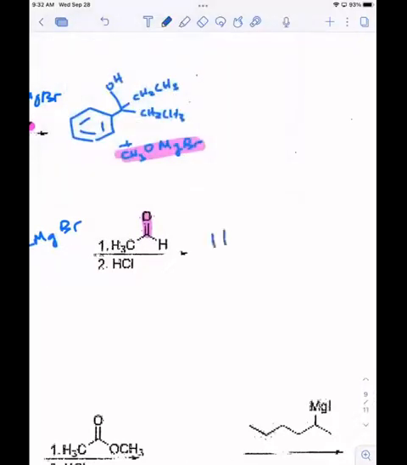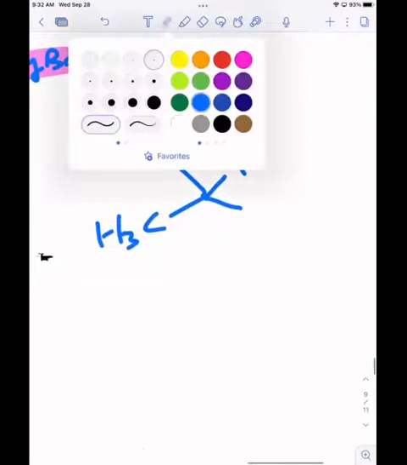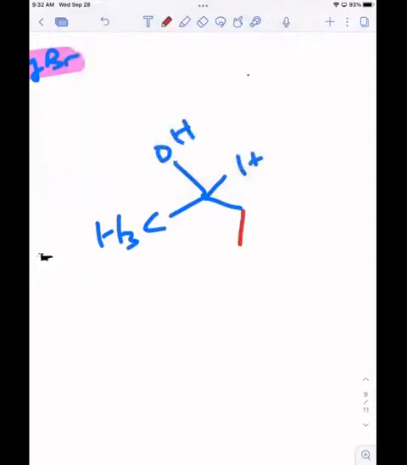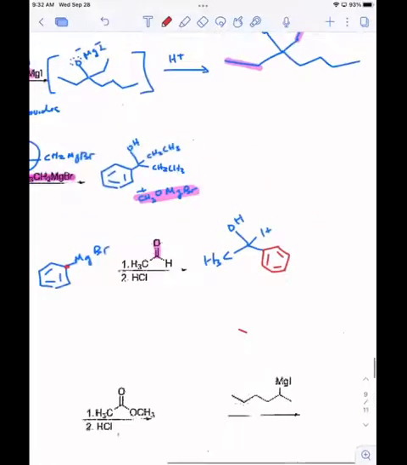So this will still be here. That doesn't react. So this is OH. That's after the quench. And then my hydrogen is here. And then my ring is here. Notice it's the whole ring. Now it's not just one carbon out of the ring, it's the whole thing. Everything is bonded together on the left side, so I've got to keep it intact on the right side.